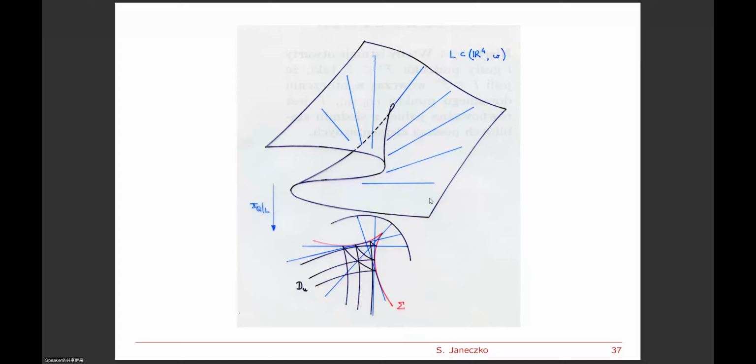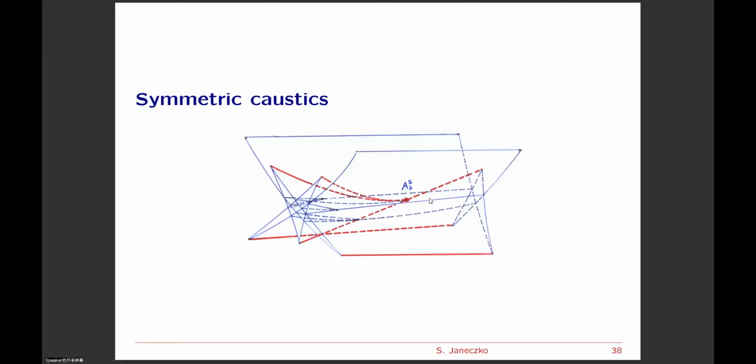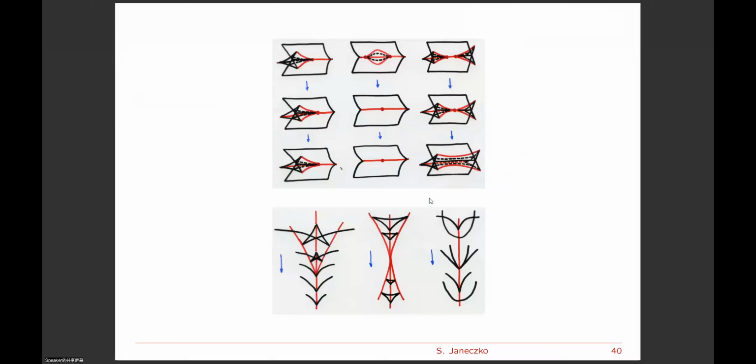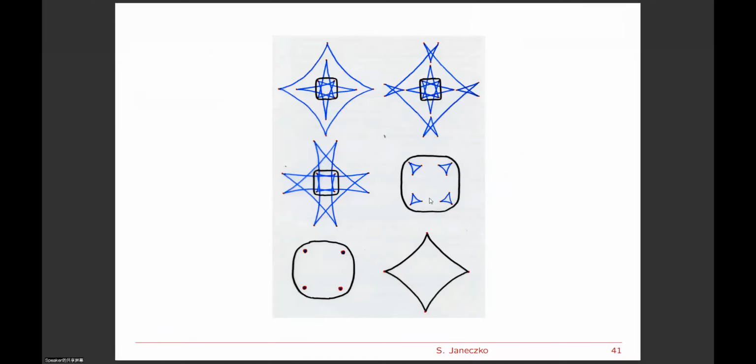And then symmetric caustics is beautiful. This is some really great knowledge to know, and then investigations, and then symmetric caustics. And then evolutions of caustics is made by some other people, Arnold and other people. And this is just the evolution on the droplet, which I studied a long time with my colleagues.